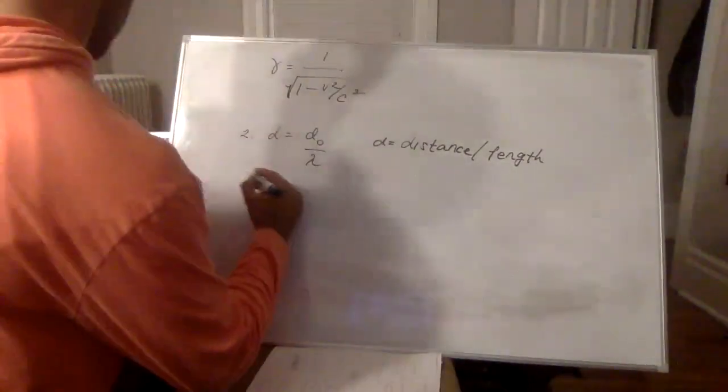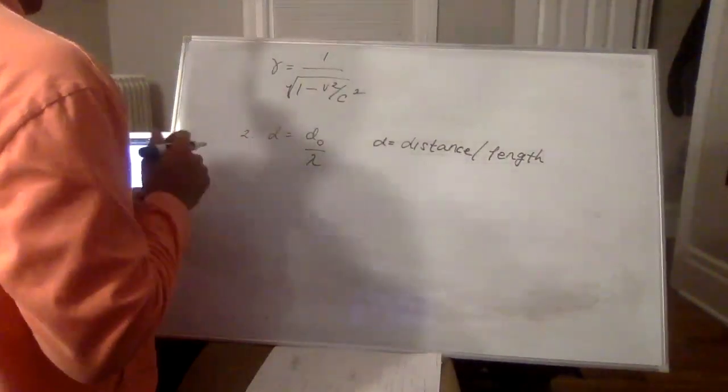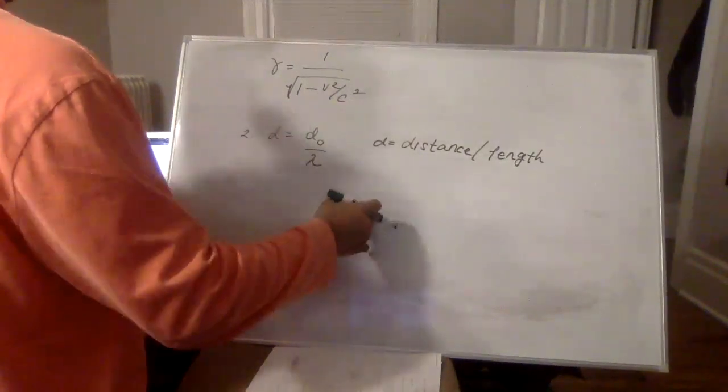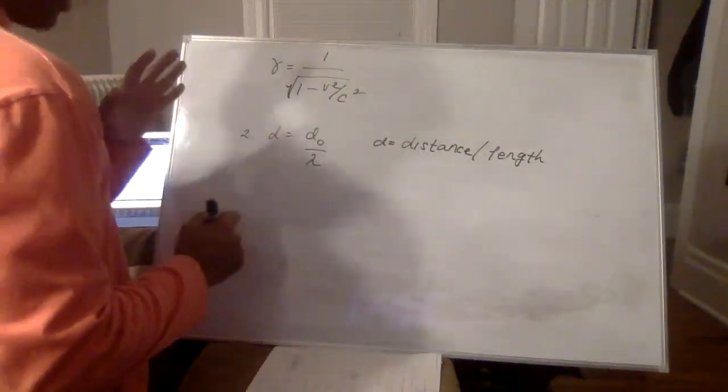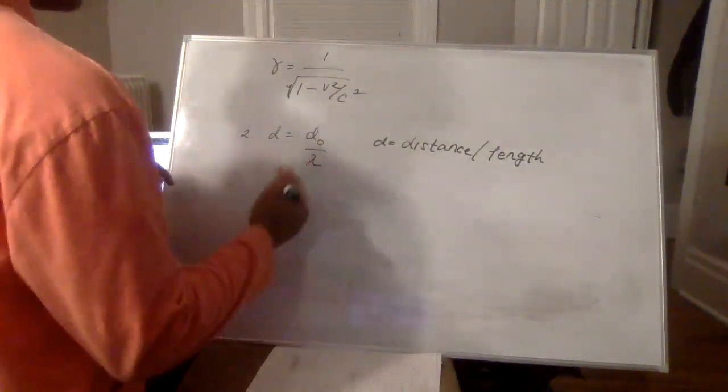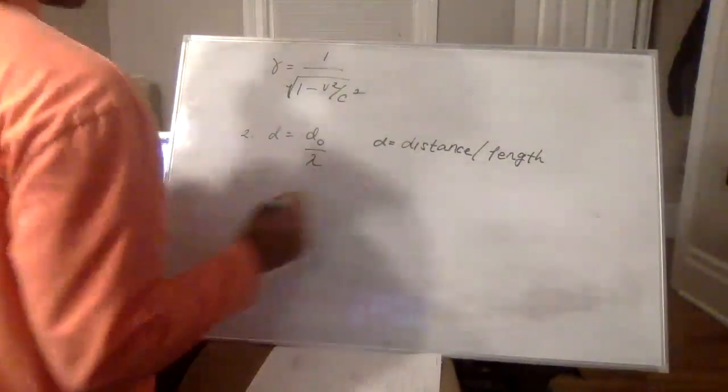And what this means is the length of an object in a moving reference frame is presented to be shorter than when it is at rest, right? So when you have something moving at a very, very high speed, close to the speed of light, your D will get shorter.